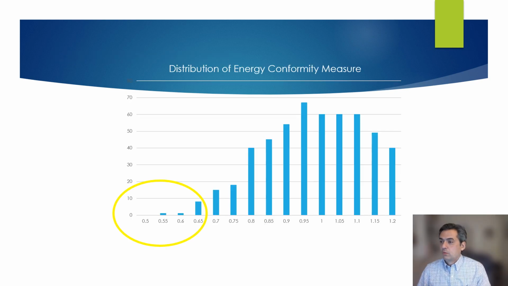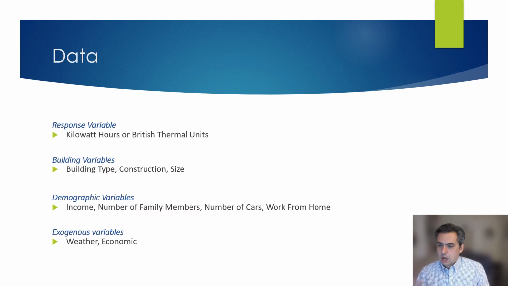And then when we have a conformity measure for every consumer, we can look at the distribution of all the conformity measures. Some consumers will be at the lower end of that distribution. Those consumers will have an unusually low actual meter reading when compared to their expected meter reading.